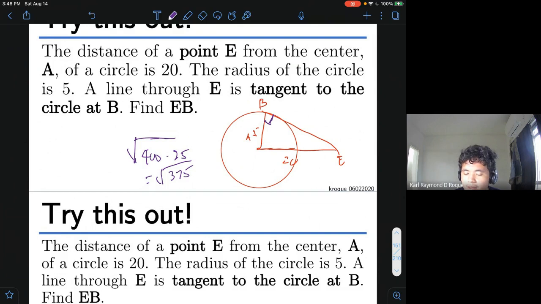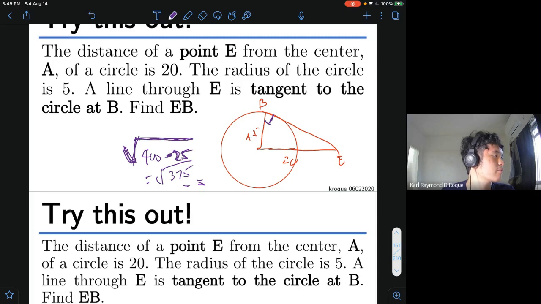This tangent to the circle at B. Teka lang. 1 minute. Ito na.